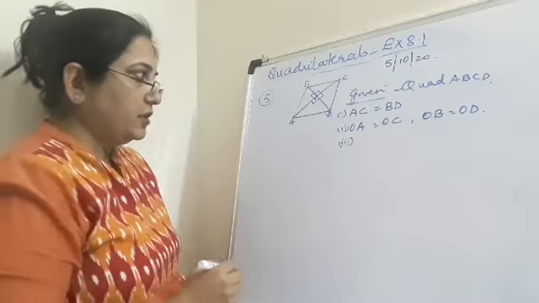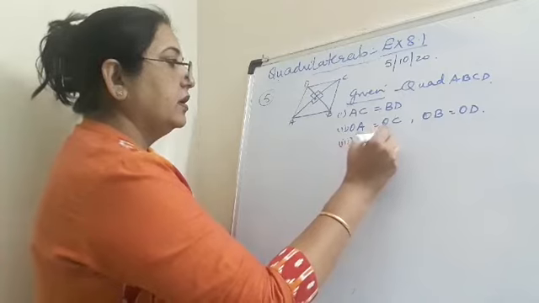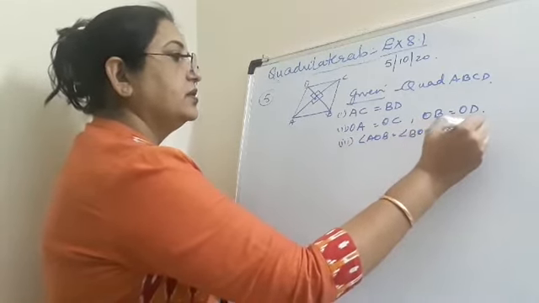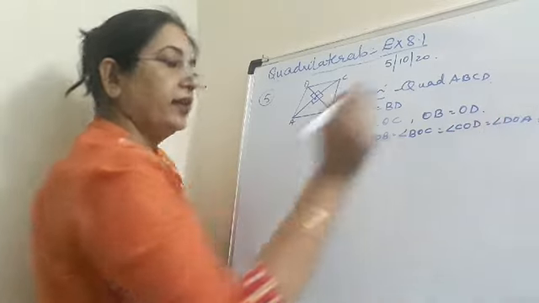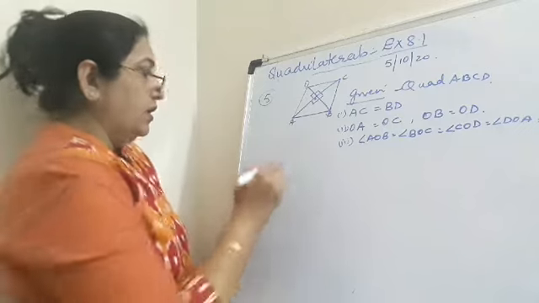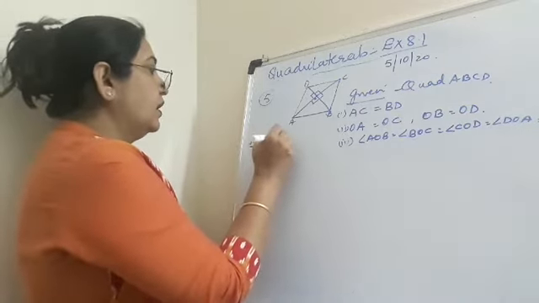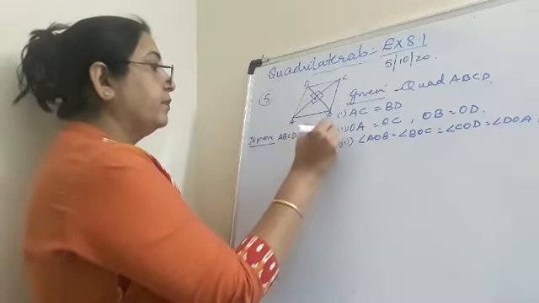This is the intersection point O. So we write angle AOB is equal to angle BOC is equal to angle COD is equal to angle DOA, all equal to 90 degrees. This is given. Now we have to prove that ABCD is a square.